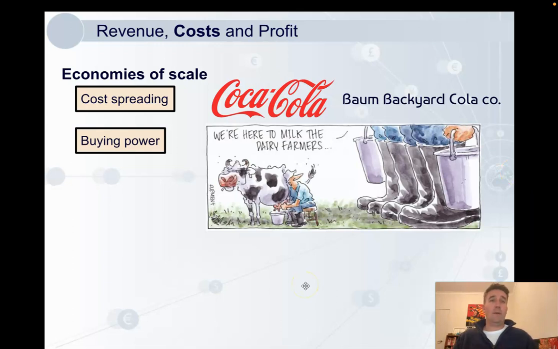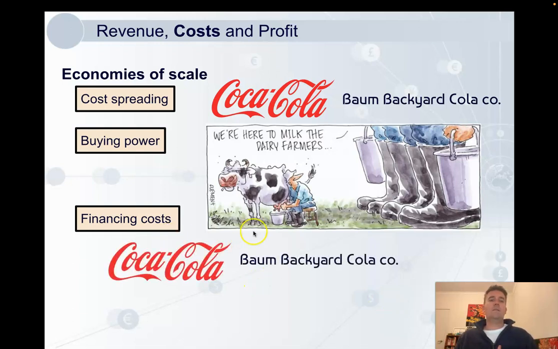Another factor is buying power. A large firm will buy a large amount of inputs. They can therefore negotiate favorable rates on these. A small firm does not have the power to do the same. Financing costs can often be lower for a large firm. Think of two cola producers, Coke and Bourne Backyard Cola Company.